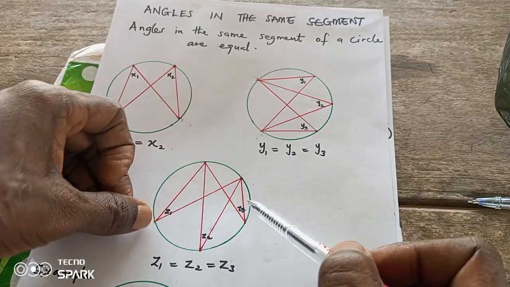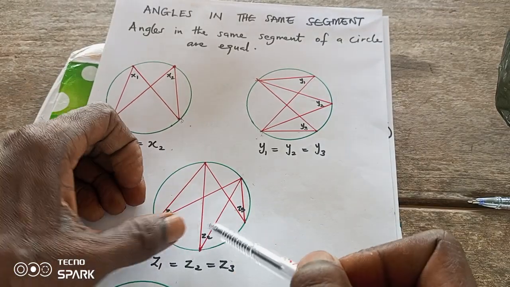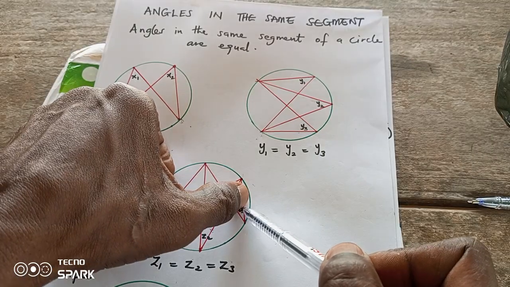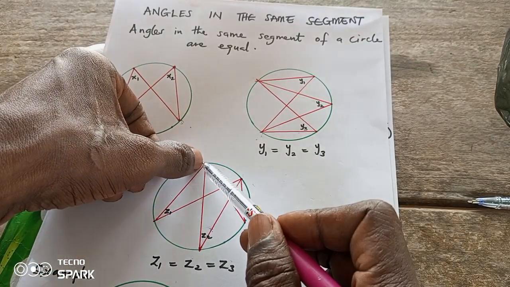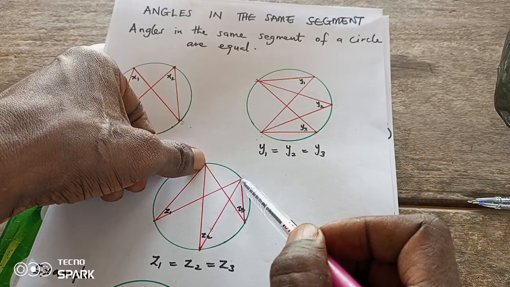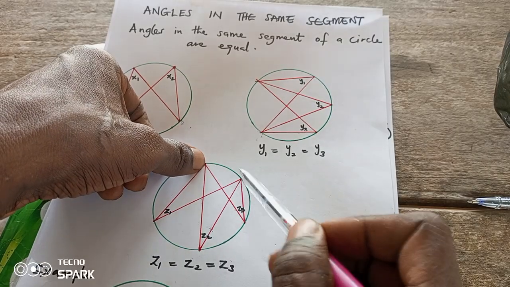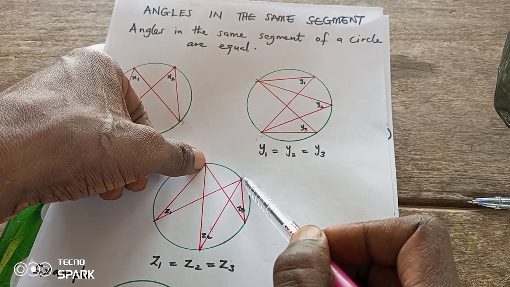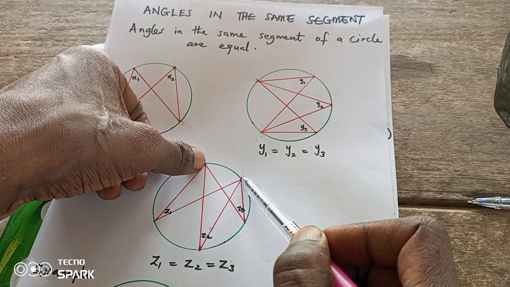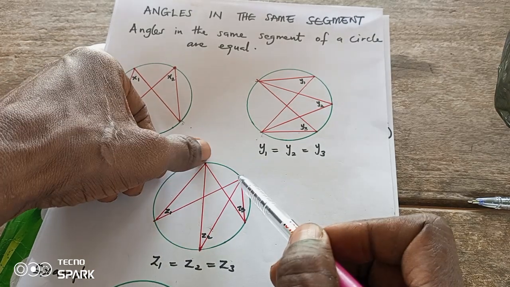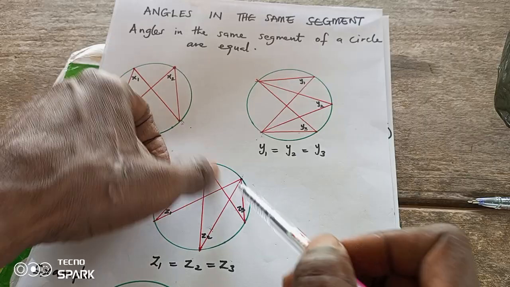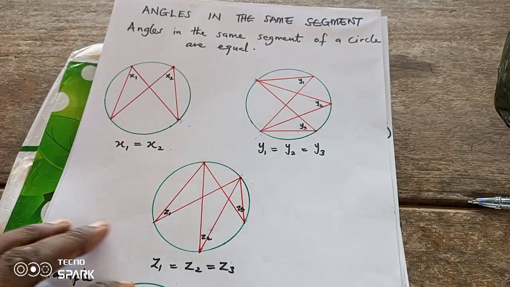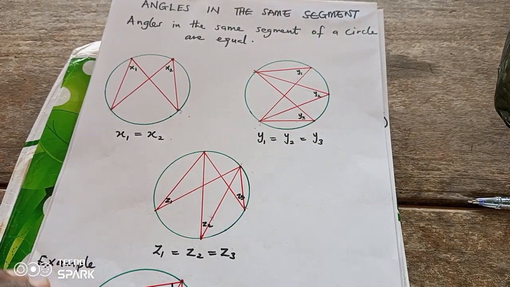So angle z1, z2, z3 are of the same segment because they all start from this same point on the circumference. So they should be equal. Angle z1 should be equal to z2, equal to z3. They are angles of the same segment.